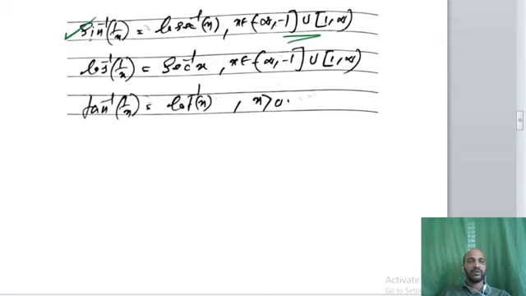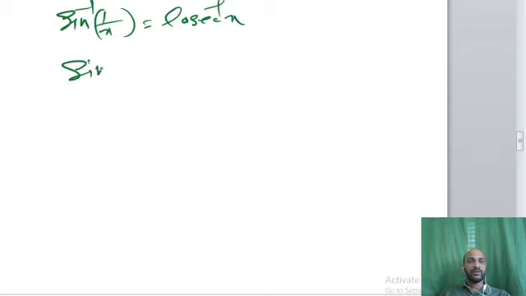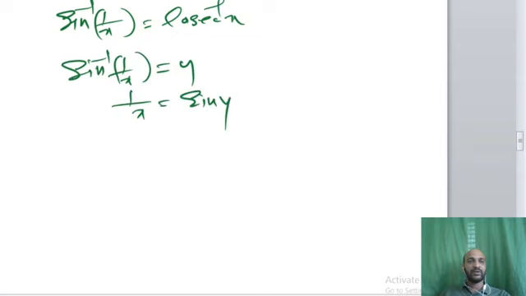Let us prove result 1. We want to prove sin inverse of 1 by x equal to cosec inverse of x. Let us consider the left hand side, that is sin inverse of 1 by x. Suppose this is equal to y, then what about 1 by x? 1 by x will be sin y. Clear? So take reciprocal on both sides. So we'll get x equal to 1 by sin y, that is cosec y.